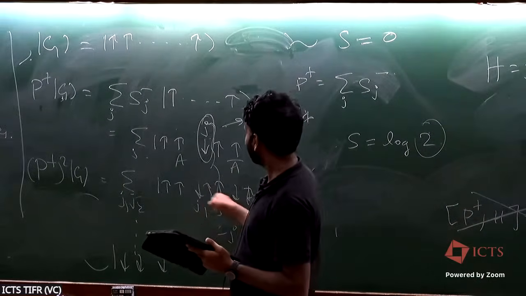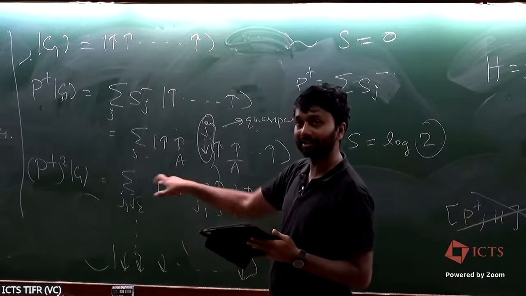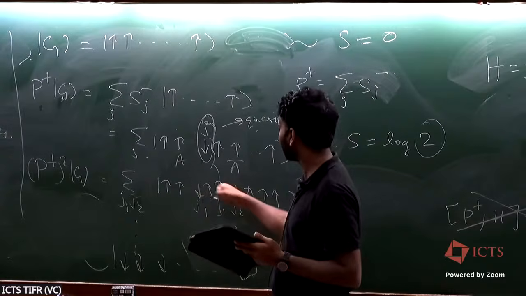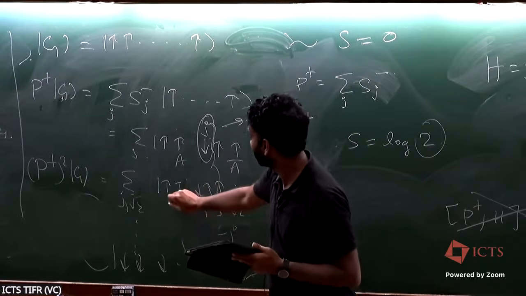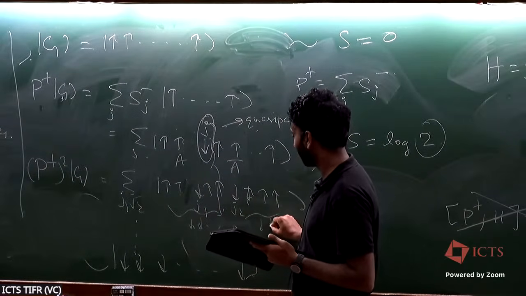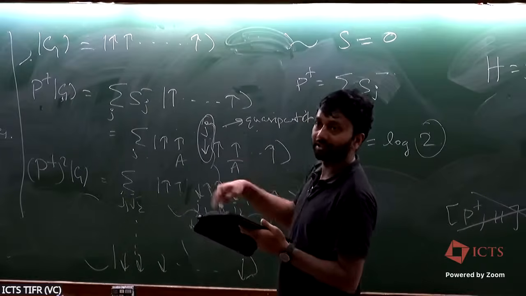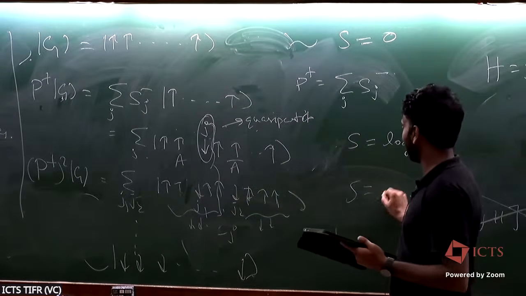So you just count the number of different configurations where they can sit. There is one configuration where both are in A bar, one where both are in A, and one where they're on either side. So the entanglement entropy is log 3.